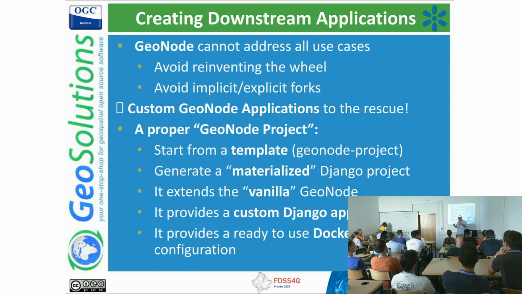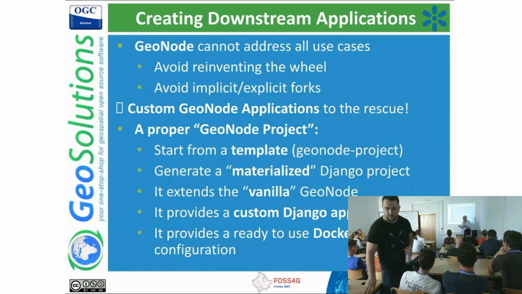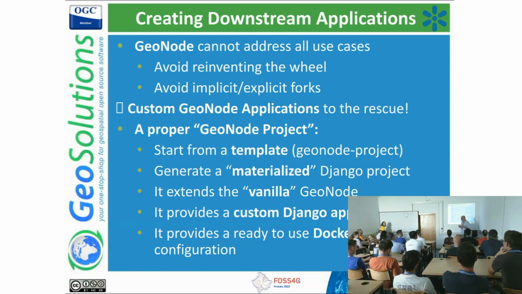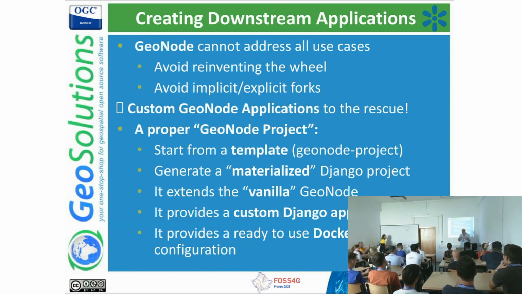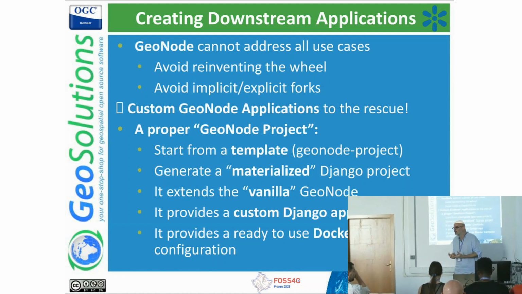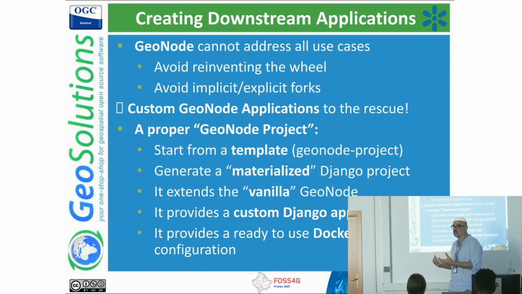The GeoNode application has also a side repository, a side application, which is the GeoNode project, which is just a container for GeoNode that pulls GeoNode inside, sets up all the services, but it's a container explicitly created to let you customize GeoNode without touching GeoNode. Okay, so this is the right way to use GeoNode for your own setups. And this is what we suggest to use, not GeoNode by itself.